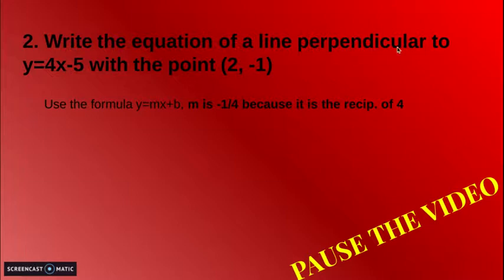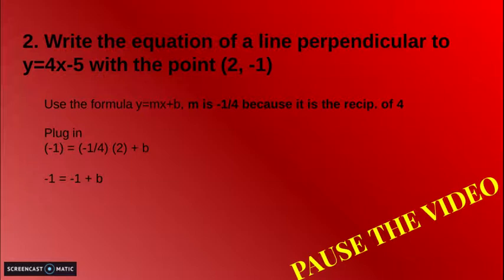Remember, if it's perpendicular lines, you have to use the opposite reciprocal for the slope. The slope in the question is 4, so you change the sign to a negative and then flip the fraction. 4 is the same as 4 over 1, so it goes to 1 over 4 and then you make it negative. So plug in for everything except for b.